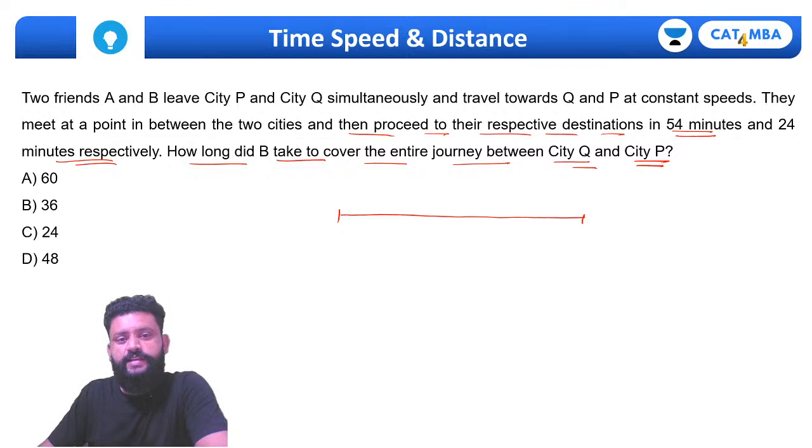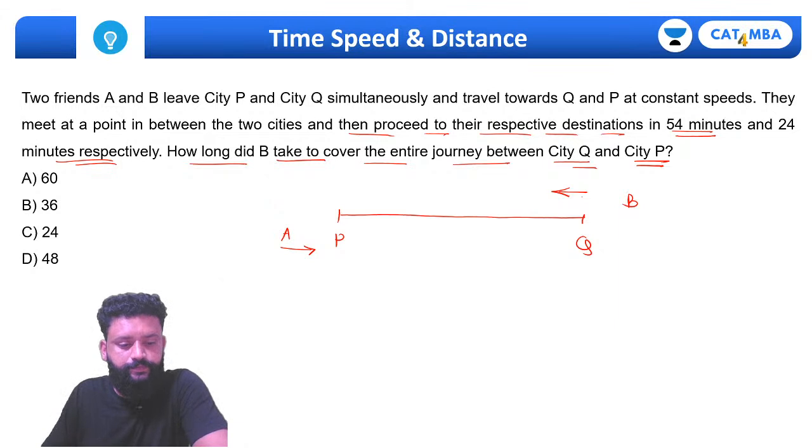Two friends A and B leave from cities P and Q. So let's say A leaves from city P to Q and B leaves from city Q. They meet at a point between the two cities and then proceed to their respective destinations in 54 minutes and 24 minutes.